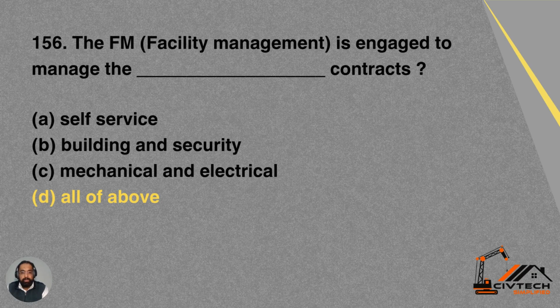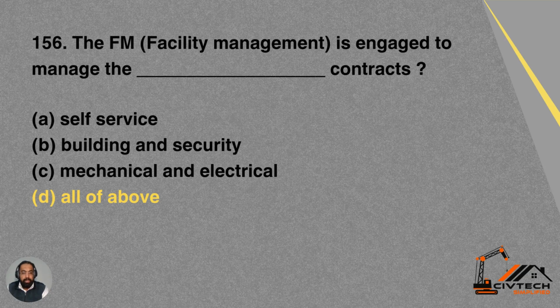156. The facility management is engaged to manage the dash contracts. Option A, self-service. Option B, building and security. Option C, mechanical and electrical. Option D, all of the above.